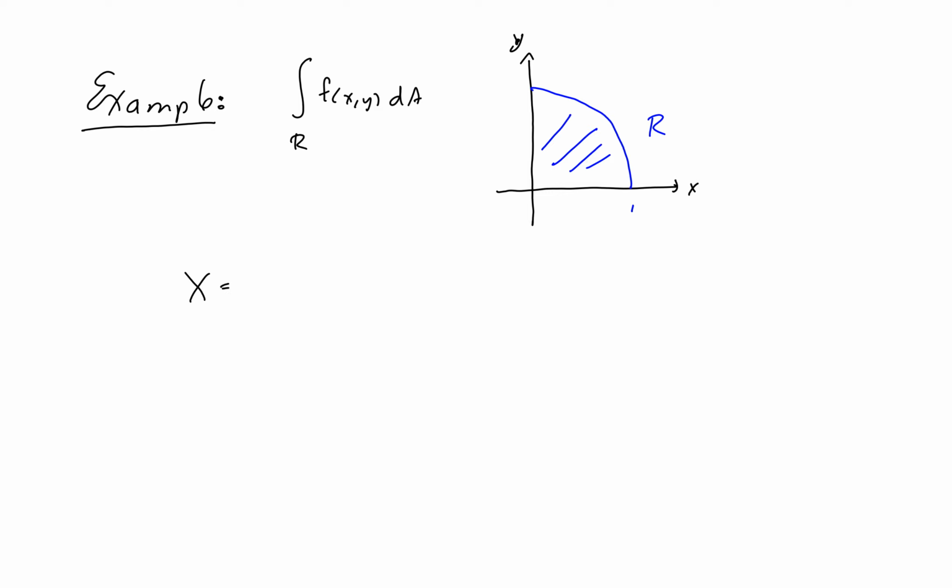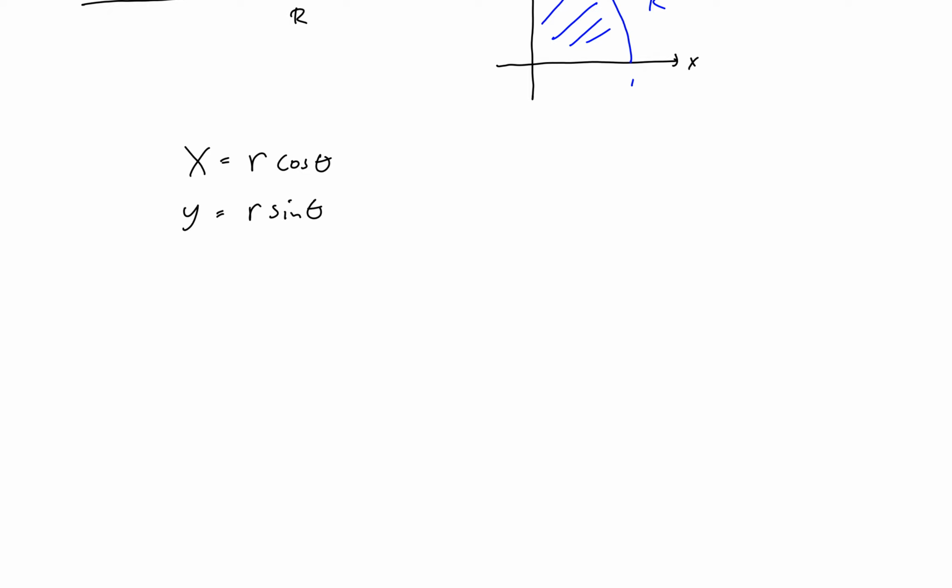So I know x is r cosine theta, y is r sine theta. So then if I put this in terms of my Jacobian, this becomes, let's take the absolute values off for a minute, just the Jacobian.